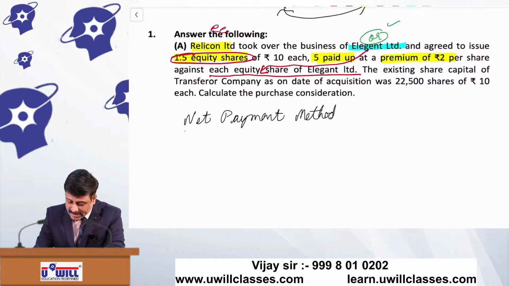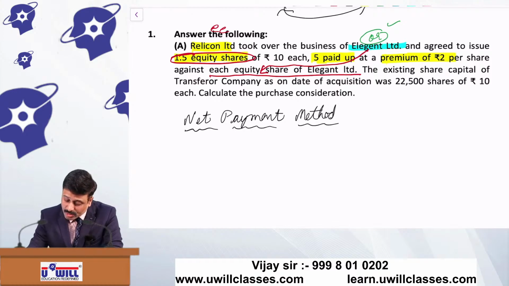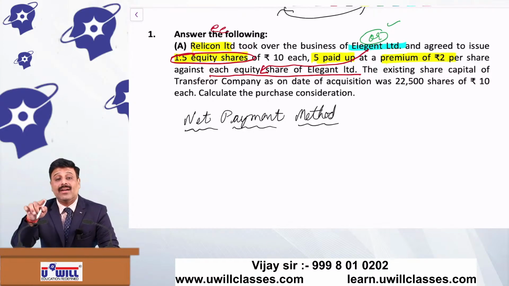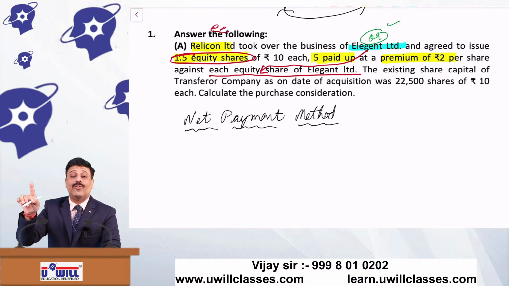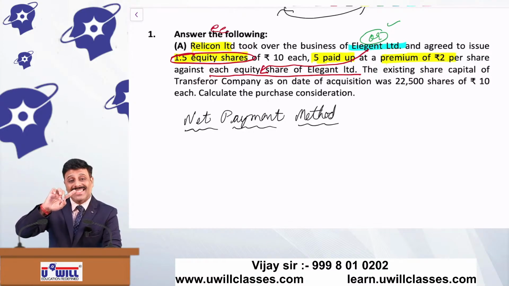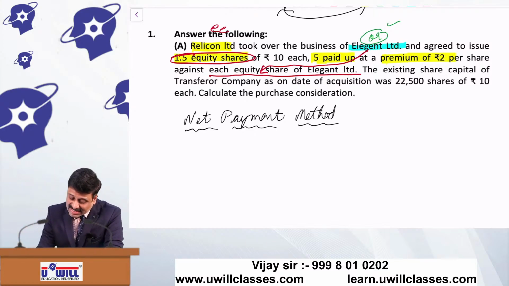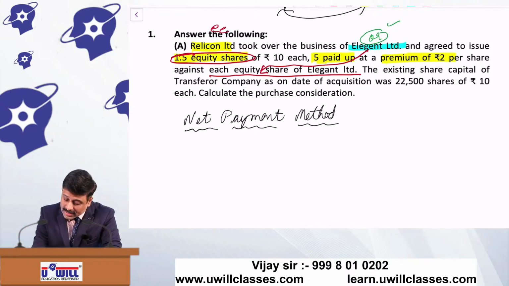The mode of payment is given over here. What ratio can we make? You all remember this way: first take the second part, then take the first part. All of you repeat: first take the second part, second take the first part. If I take the second part first, what is the second part? The second part is for each share of Elegant Limited.